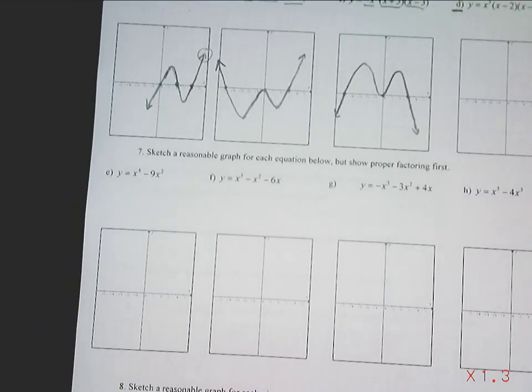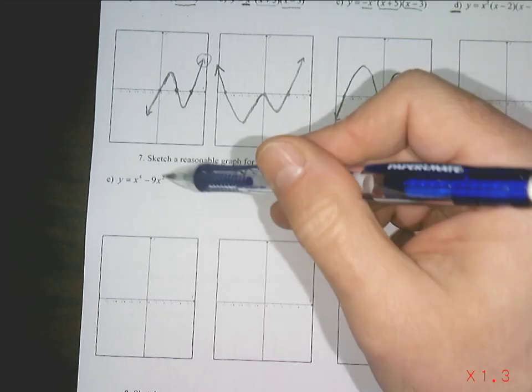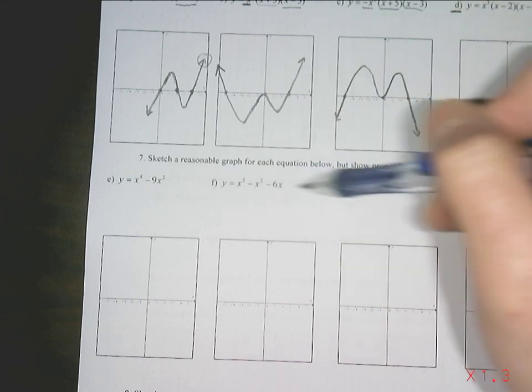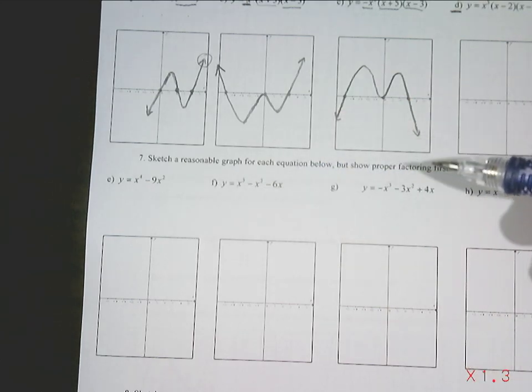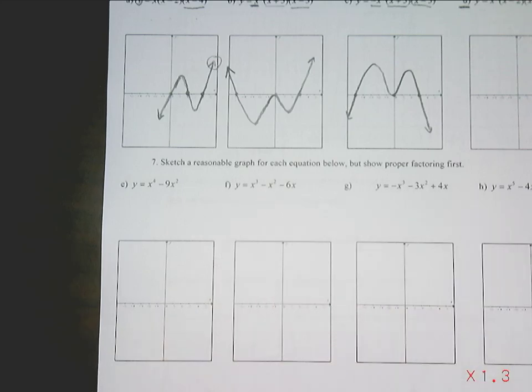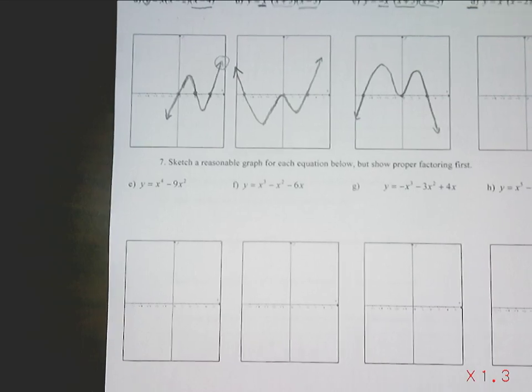7E is going to make you grumble because it's going to ask you to sketch reasonable graphs, but these equations aren't factored. You have to factor all these. I hope you just grumbled because that made me happy. So we factor these using your factoring skills. Once we factor these, it's going to turn into problems that look like the ones we just did up above.